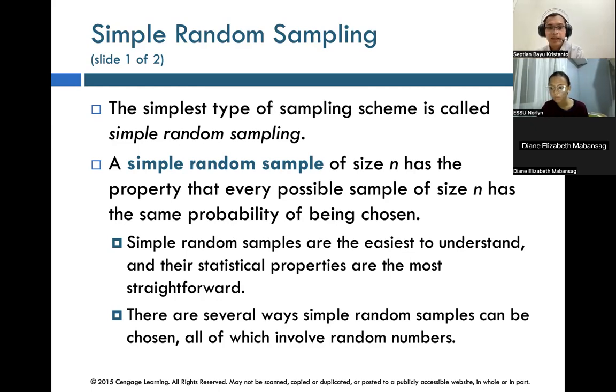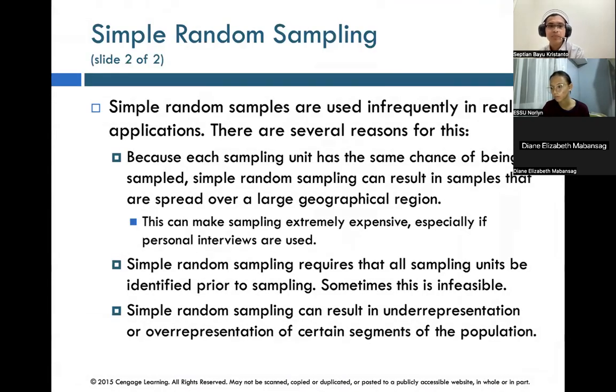That is simple random sampling. The probability is equal, or you can say that we have the same probability between sample 1, sample 2, and the other samples. We know the number, we know the size of the population.